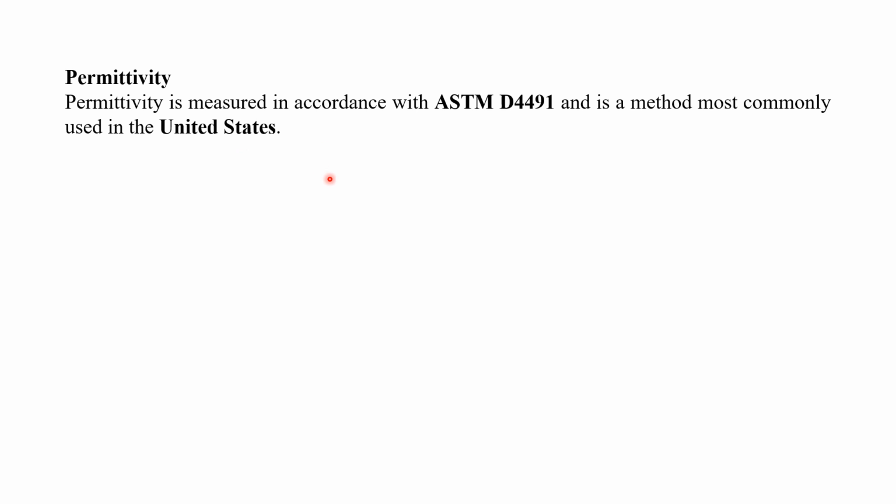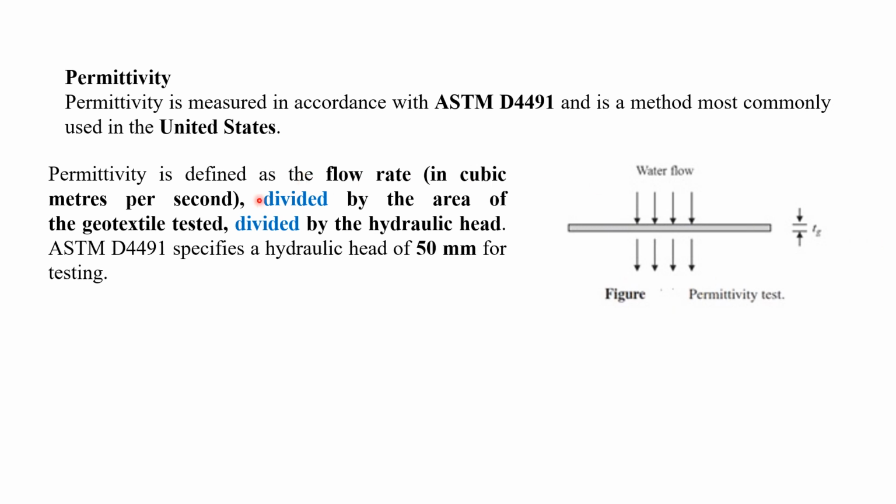As we saw in the previous slide, perpendicular water flow and permittivity are measured by different codes. Here permittivity is defined as the flow rate in cubic meter per second divided by the area of the geotextile tested divided by the hydraulic head, specified by a hydraulic head of 50 mm for the testing. What is the similarity between the perpendicular water flow and the permittivity?